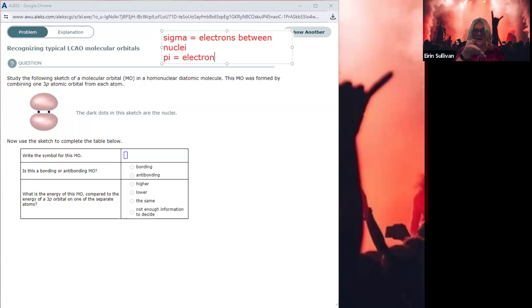They usually show it with electrons above and below, since in front and behind is hard to show.